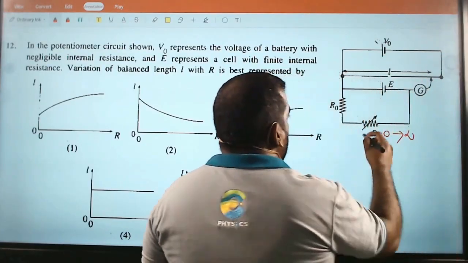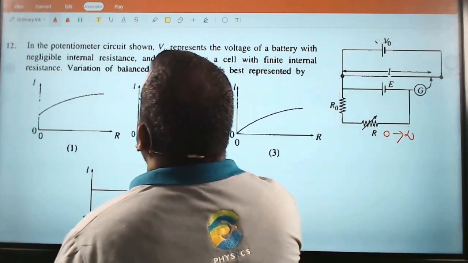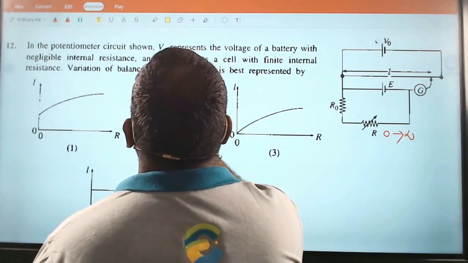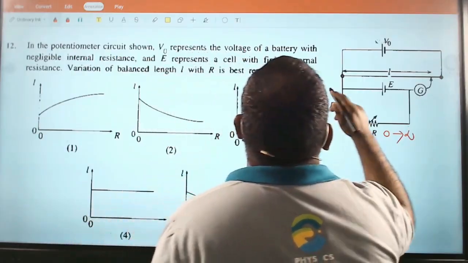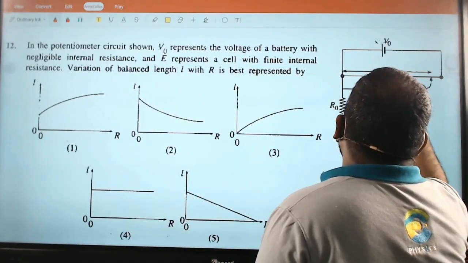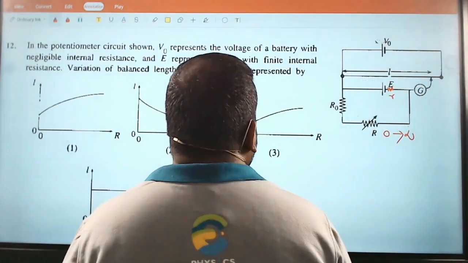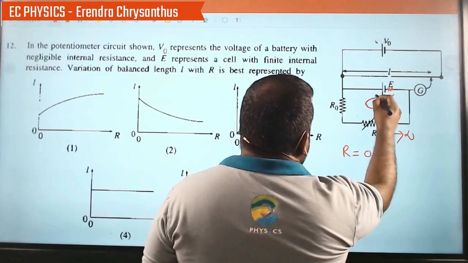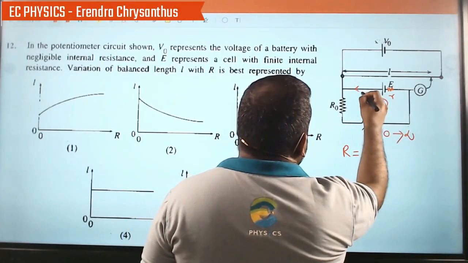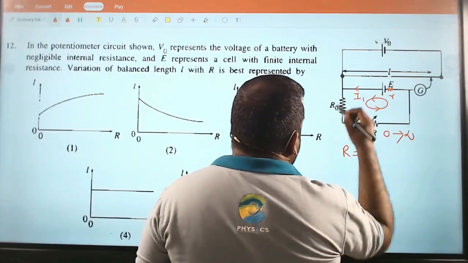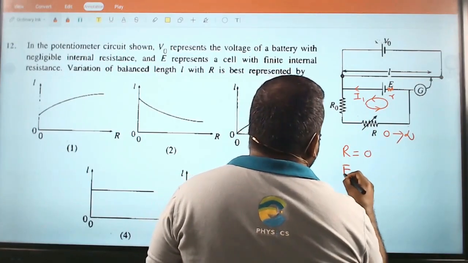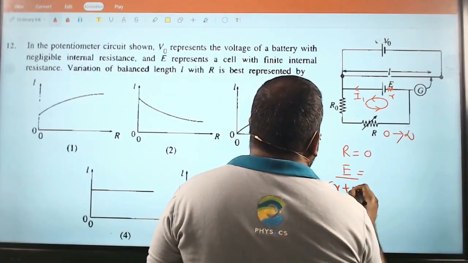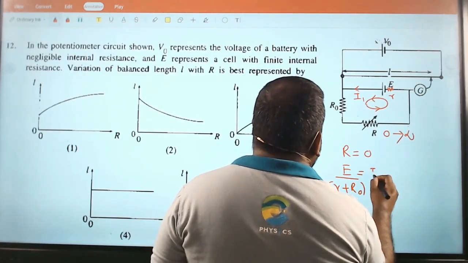If the resistance here, negligible internal resistance, finite internal resistance, there is an internal resistance, right? So when R is equal to naught, if I apply Kirchhoff, current is going to be I1, E divided by simple R plus R0 is going to be I1.